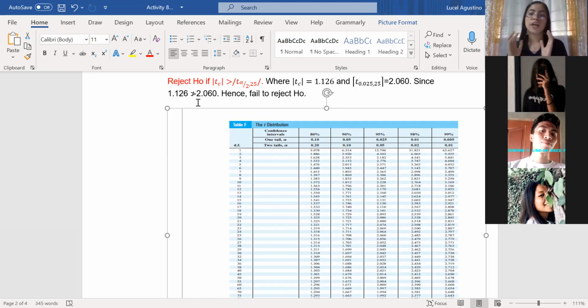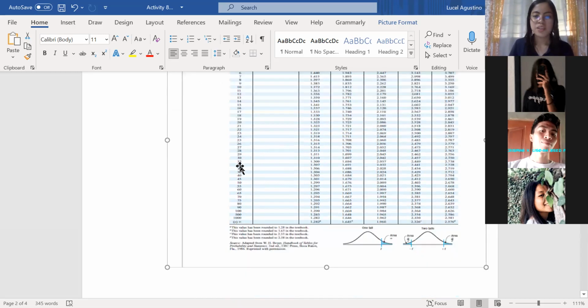Opposite naman if we are using the probability value and the level of significance. Dapat less than ang imo p-value sa level of significance. So am I clear? Clear lang ba? Sige, miss. Yes, very good. So let's continue.